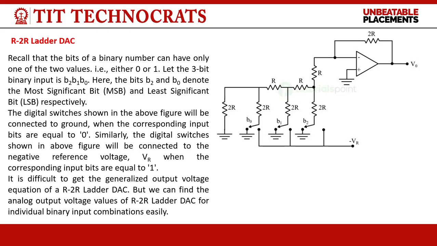Similarly, the digital switches shown in the figure will be connected to the negative reference voltage VR when the corresponding input bits are equal to 1. It is difficult to get a generalized output voltage equation for the R2R ladder DAC, but we can find the analog output voltage values of the R2R ladder DAC for each individual binary input combination easily.